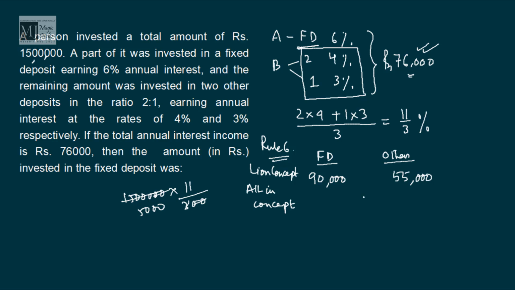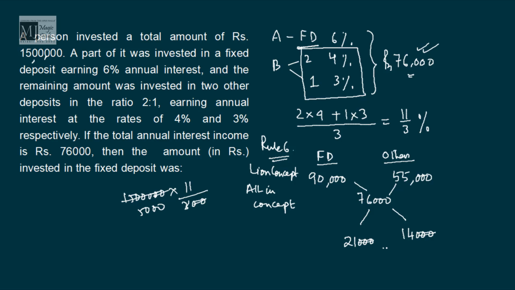But how much is the interest income? 76,000. So based on these three, if I use my butterfly all-in concept, the ratio I get would be the ratio of the money invested in fixed deposits and the other category, type B. 90 minus 76 gives 14,000, and 76 minus 55 gives 21,000.